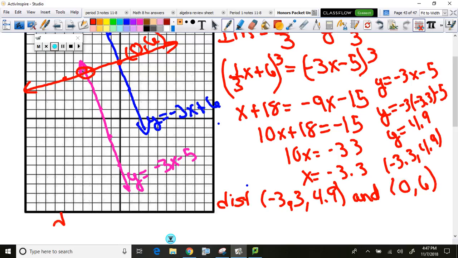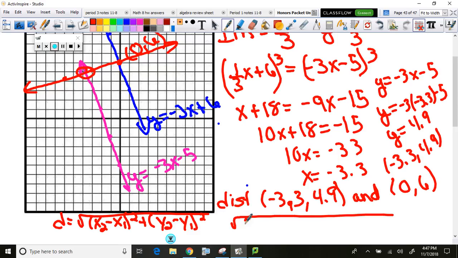So again, we're going to use the distance formula, which is the square root of x2 minus x1 squared plus y2 minus y1 squared. Substitute. So that gives me negative 3.3 minus 0 squared plus 4.9 minus 6 squared.